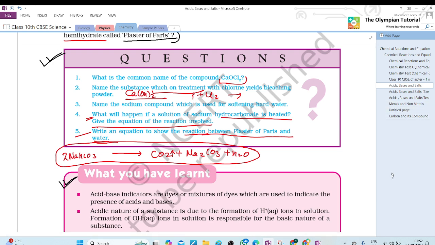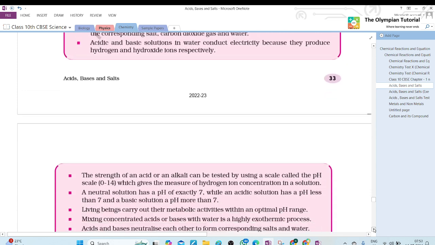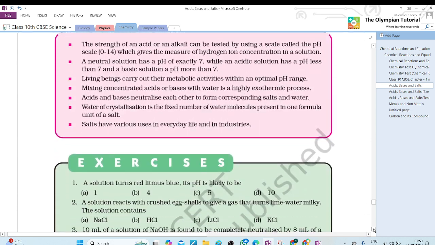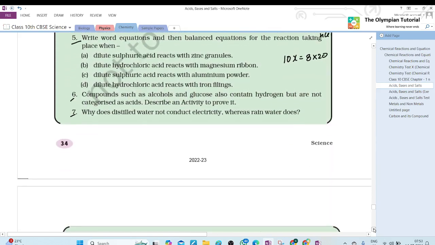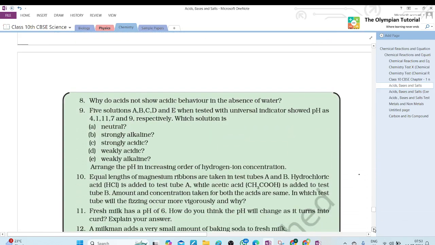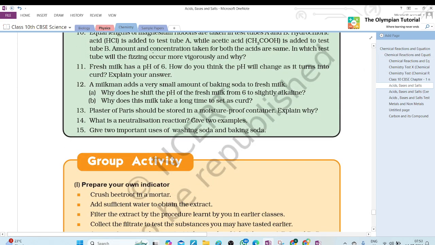On coming Saturday, we will start electricity and discuss these questions so that you can revise acids, bases, and salts. This week only you have to prepare notes of acids, bases, and salts. It will not take so much time.